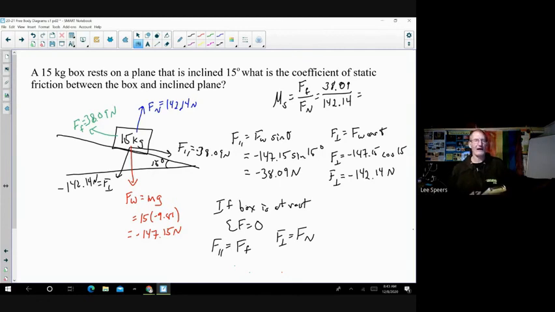Doing that division, 38.09 divided by 142.14 gives me a coefficient of static friction of 0.27.